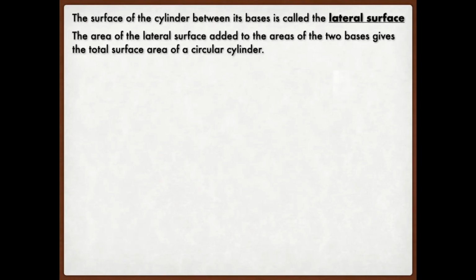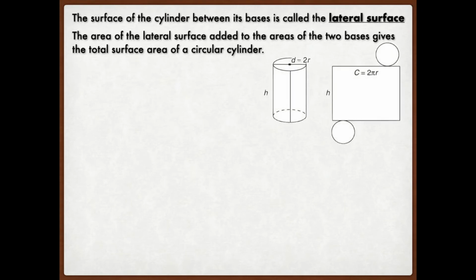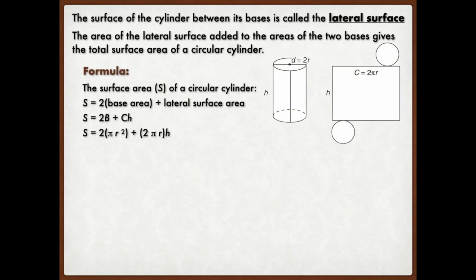Now the surface area of a cylinder between its bases is called the lateral surface. Lateral means side. The area of the lateral surface added to the area of the two bases gives the total surface area of the circular cylinder.